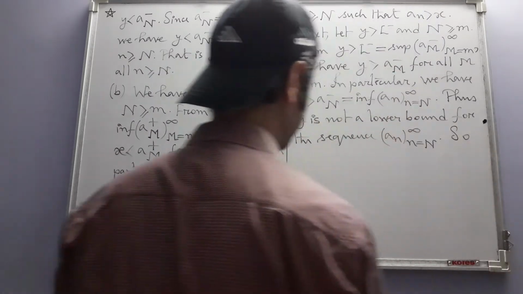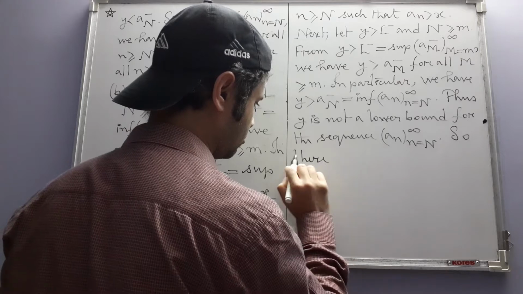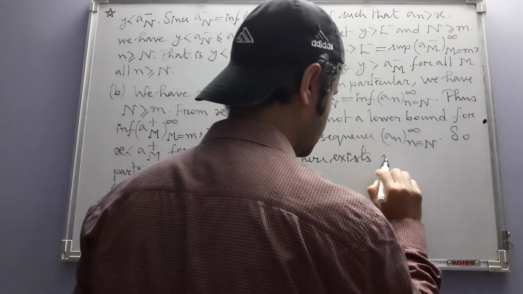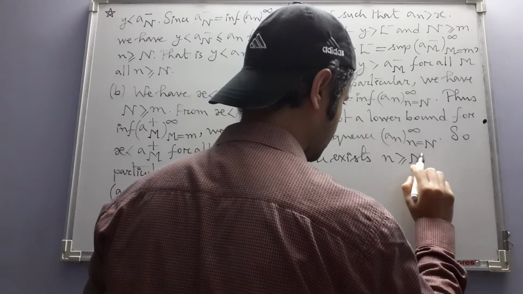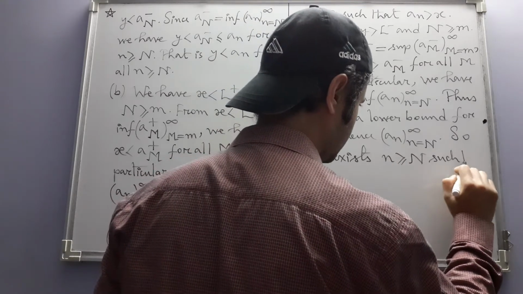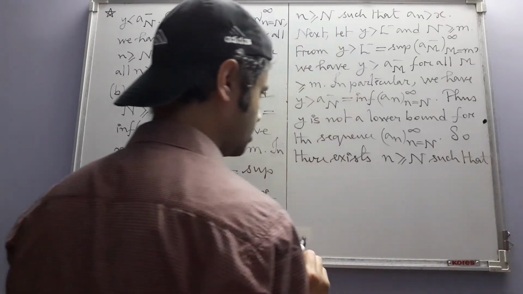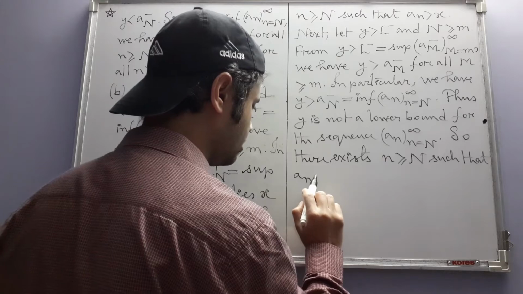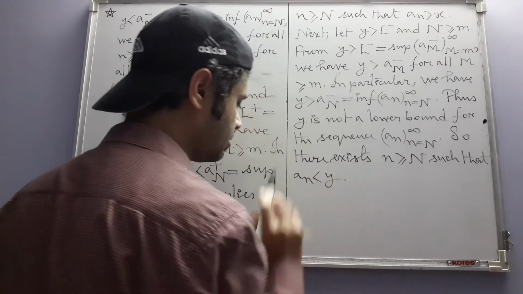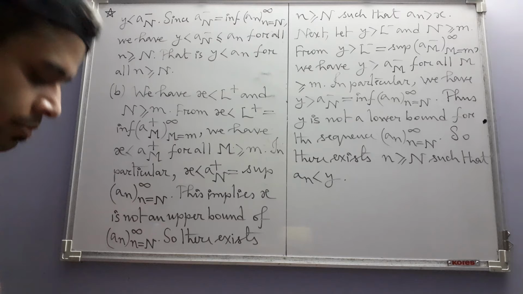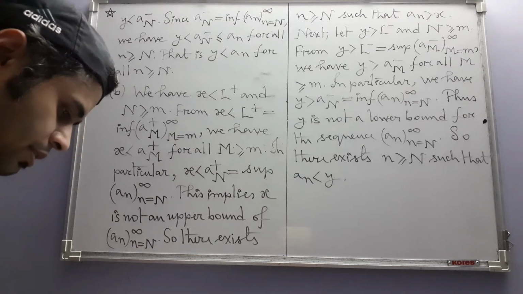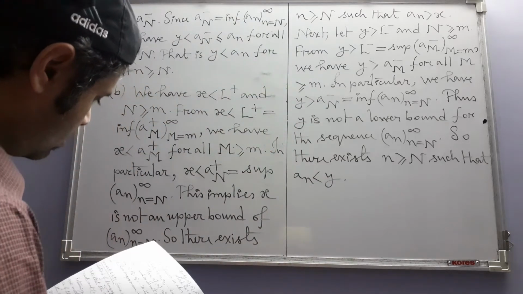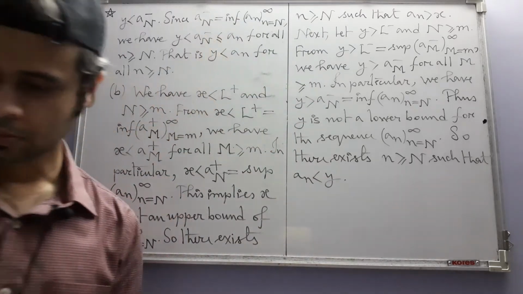So there exists some n greater than or equal to m such that y is not a lower bound. That means a_n is less than y. Okay, and have we got what we wanted? Yes, we have.